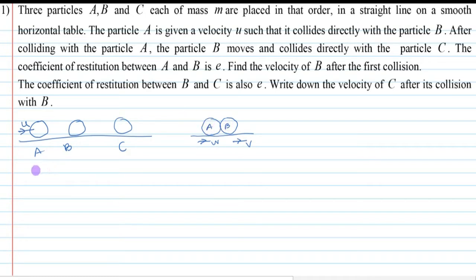Applying I equals delta mv for A and B for the first collision.